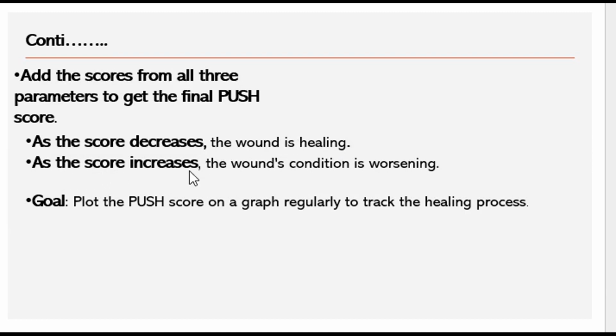As the score increases, the wound condition is worsening. So what is our goal here? Plot the PUSH score on a graph regularly to track the healing process. Let us see how we will put the score on the graph.